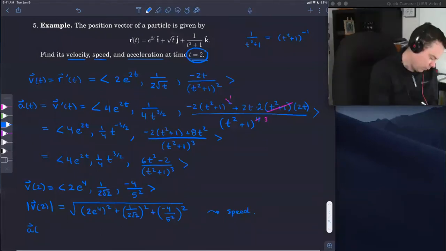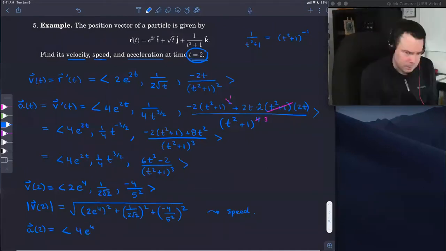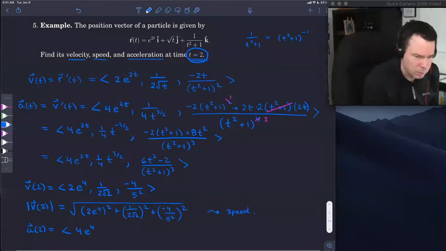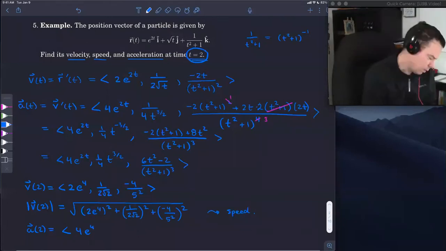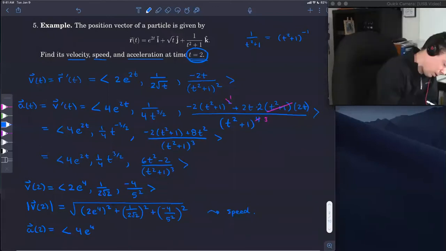And then we have our acceleration. And our acceleration is going to be 4e to the 4. Oh, sorry, I'm just looking up here to see what the chat is. Should be t to the -3/2. Oh, thank you. Yep, right here. I missed that negative sign that came down.